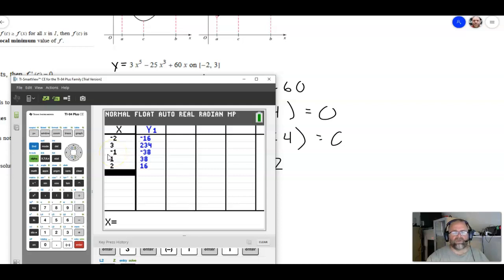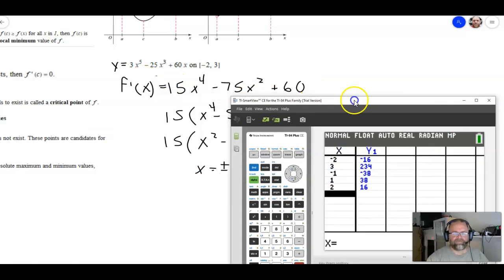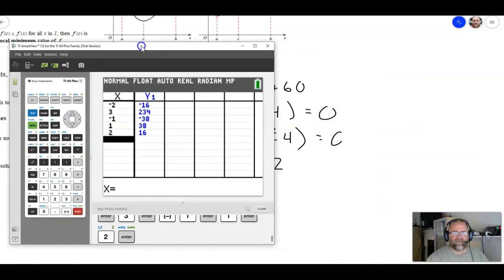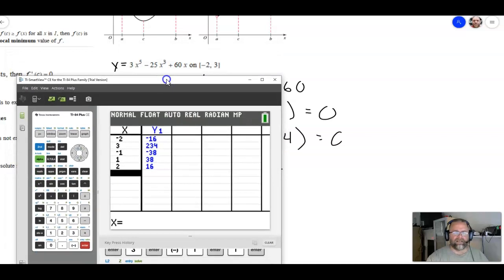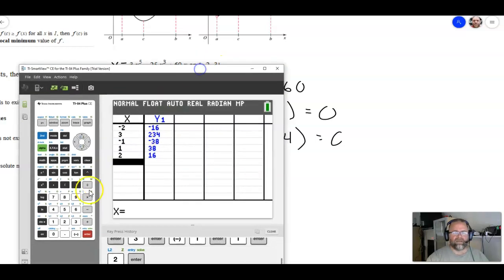And if we were trying to find the local maximum and minimum here, what I would do is, remember, we only look at interior points. That means points that are not included in the endpoints here, so we can't look at negative 2 or 3. So let's get rid of the negative 2 here and the 3.